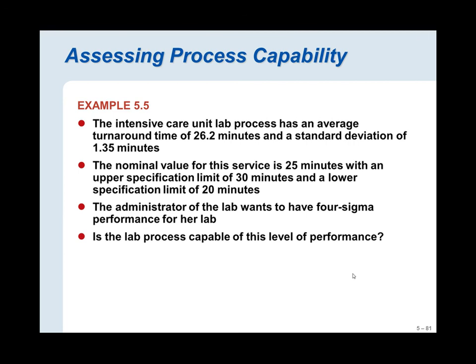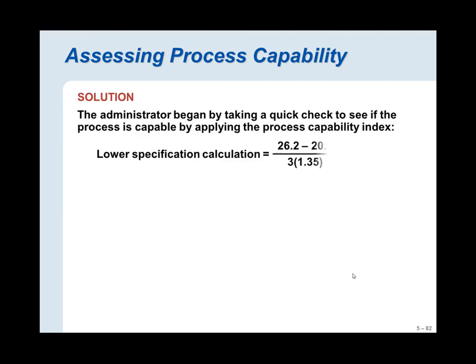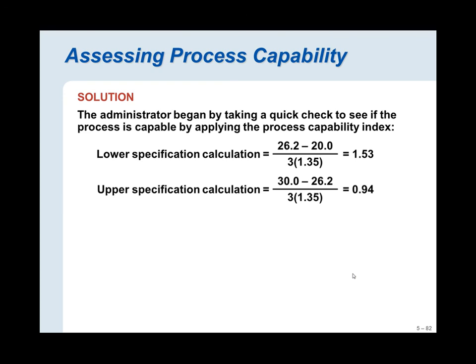Upper is 30, lower is 20. You want to know whether or not the process is capable of meeting the 4 sigma standard. Remember, the 4 sigma standard is 1.67 CV. Okay, so first you find out the CPK.